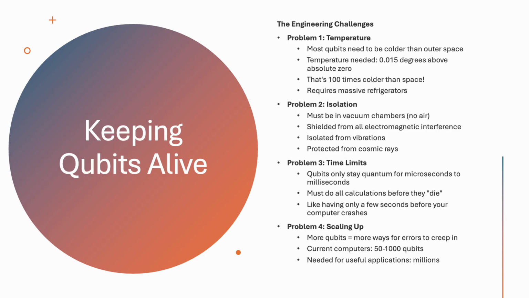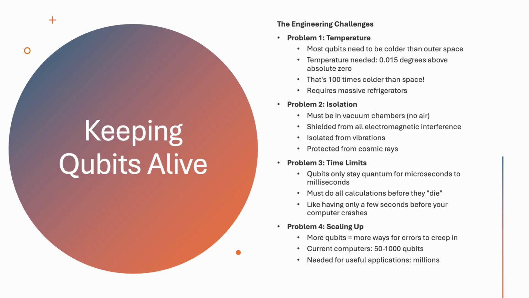Even with all this isolation, qubits don't stay quantum forever. They have what is called coherence time, typically between a few microseconds and a few milliseconds, depending on the qubit technology. This means we have to complete all our quantum calculations within this tiny window before decoherence destroys our quantum state.